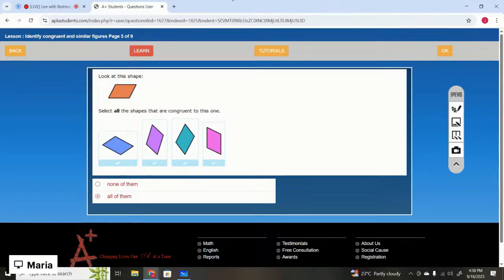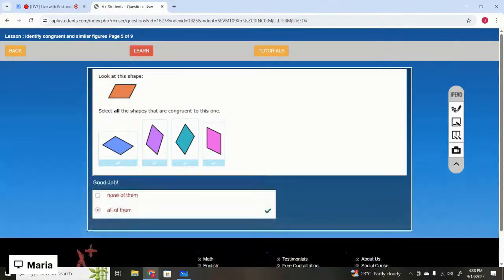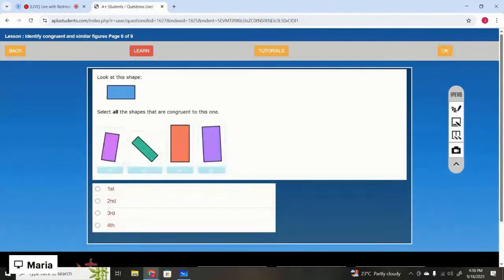All of them, I think they all are congruent. Look at this shape.